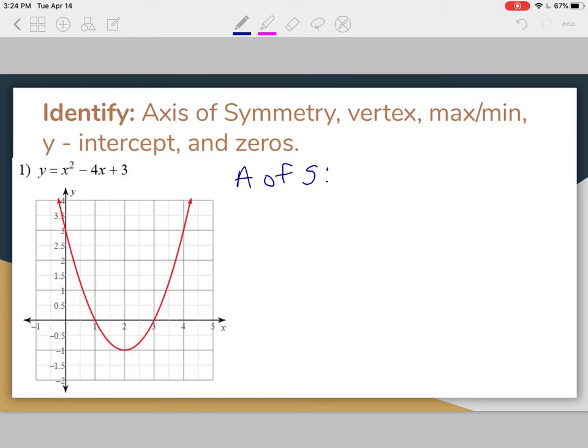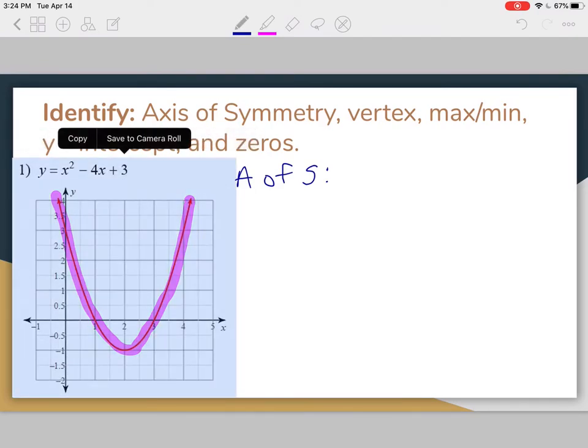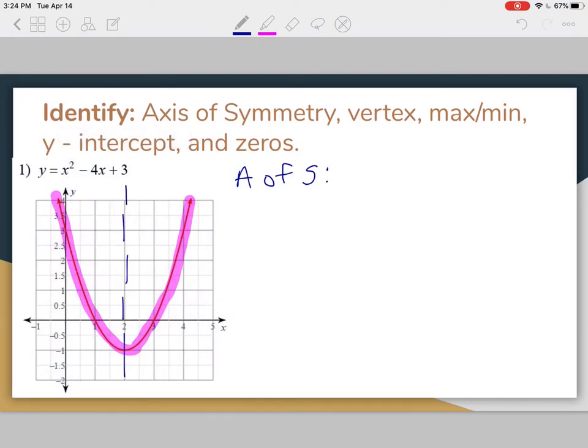If I am looking at my red U right here, it's symmetrical, right? So that means it can be cut in half. If I cut it in half, I'd be cutting it in half right here. I cut it in half at 2, so x equals 2 is my axis of symmetry.